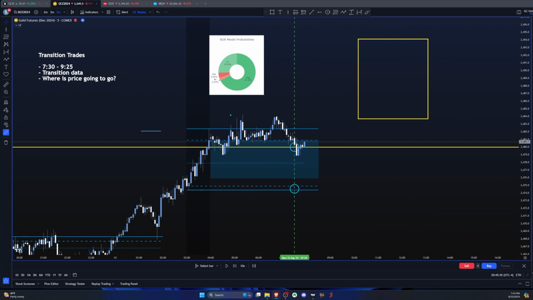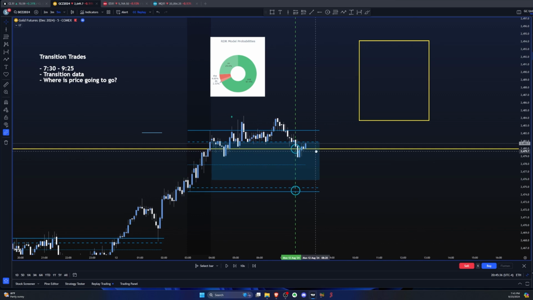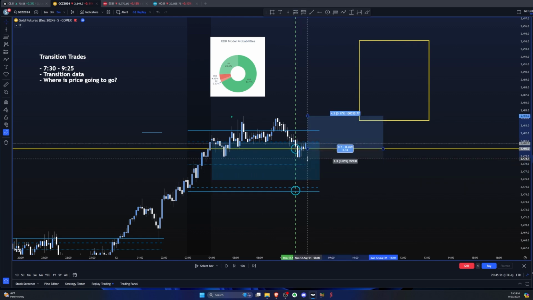There was one entry at around 2479-ish, probably 2479.5-ish. And then there was another entry at 2480, so a little bit above. So let's just call this 2480. So we take this right here, 2480, and we're right down here.